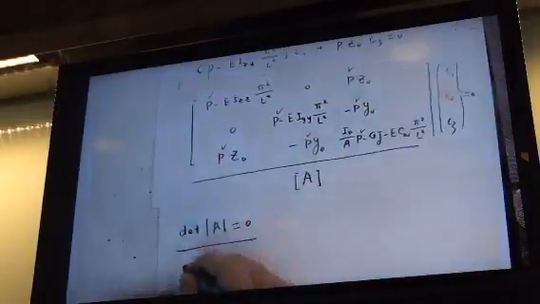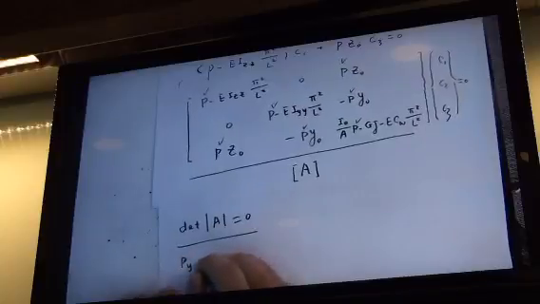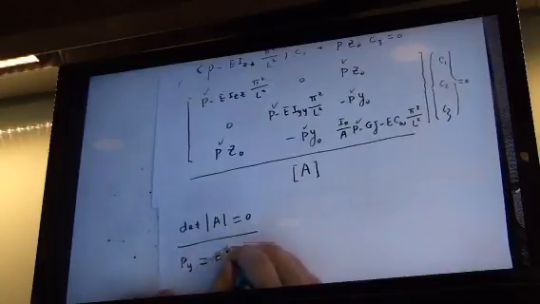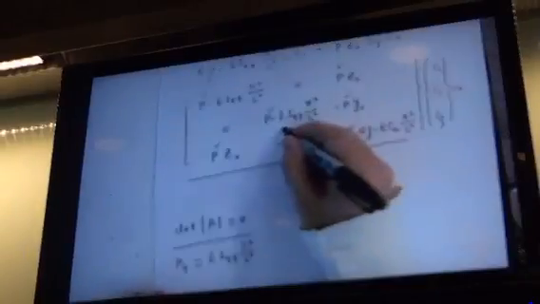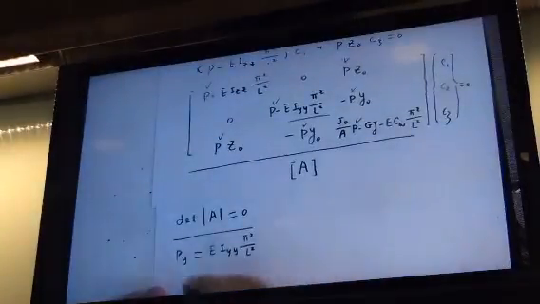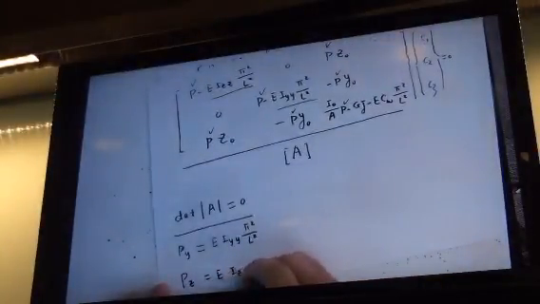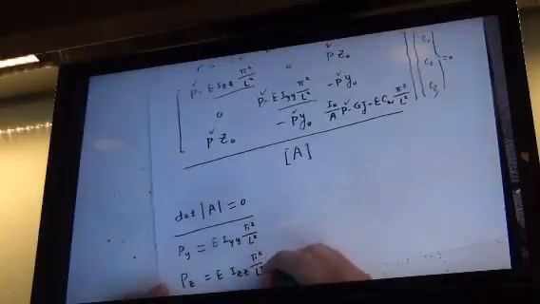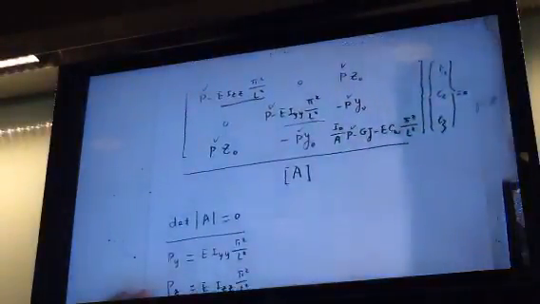Before we do that, we make our notation simpler. We define some quantities. Py is defined as EIYY pi squared over L squared. This term, I just put a new notation, Py. And Pz, this term, is equal to EIZZ pi squared over L squared. I just want to simplify my notation during the determinant calculation.